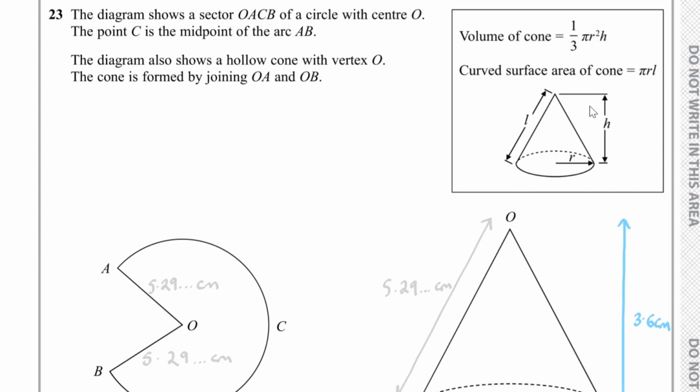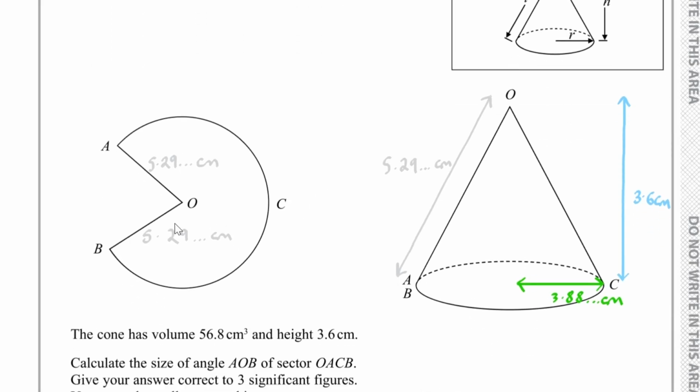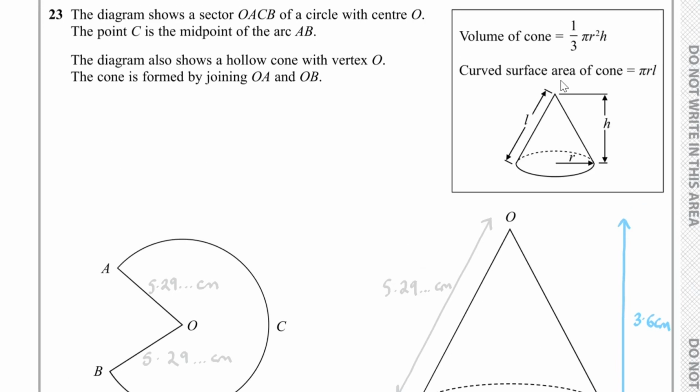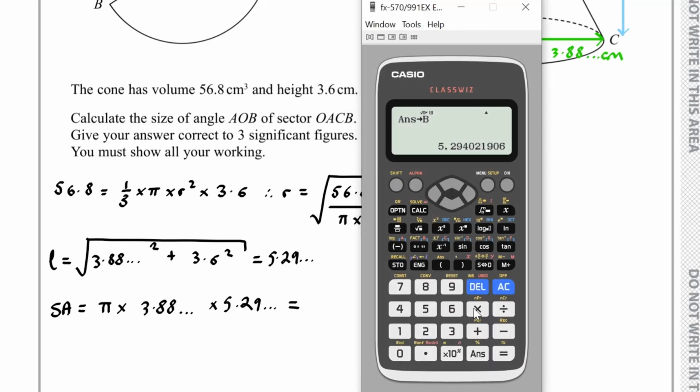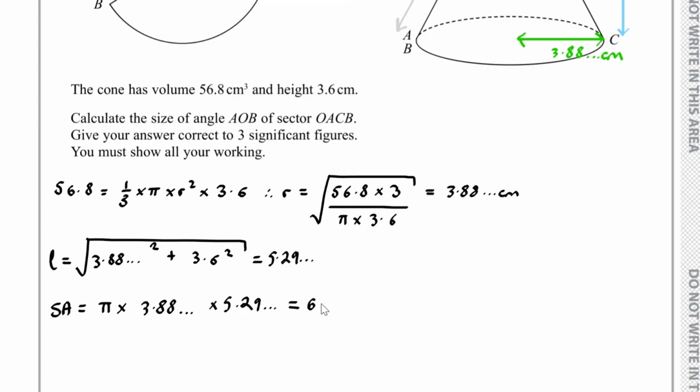Well, from this I can work out the surface area of this bit, which is going to be pi RL. So the surface area is going to equal pi times the 3.88, etc. times the 5.29, etc. So if we work this out, so times A by B, and then times by pi, I'll get 64.57, etc.